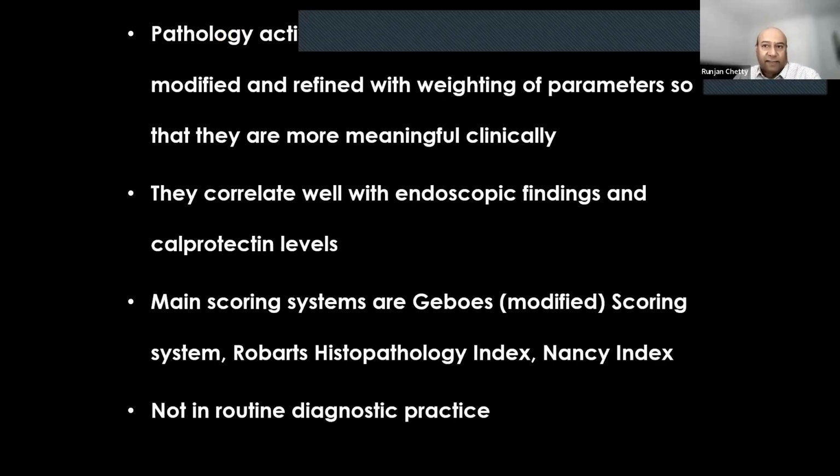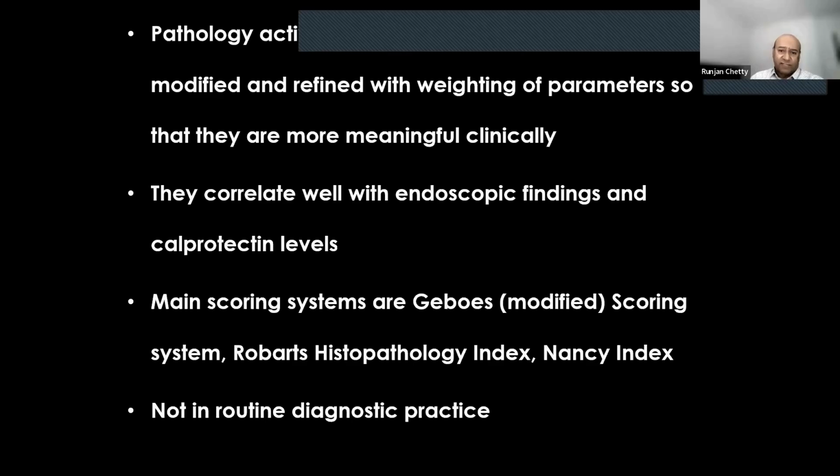As I said, although many have been suggested, they've been refined, and weighting has been given to various parameters to make them more clinically relevant, but despite this, it hasn't been widely taken up. One of the most important recent developments is that these scoring systems and indices correlate very well with what the endoscopist sees and the calprotectin levels detected in the patient.